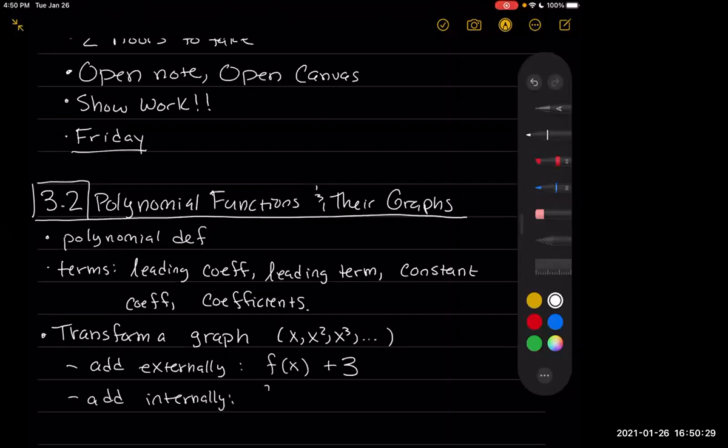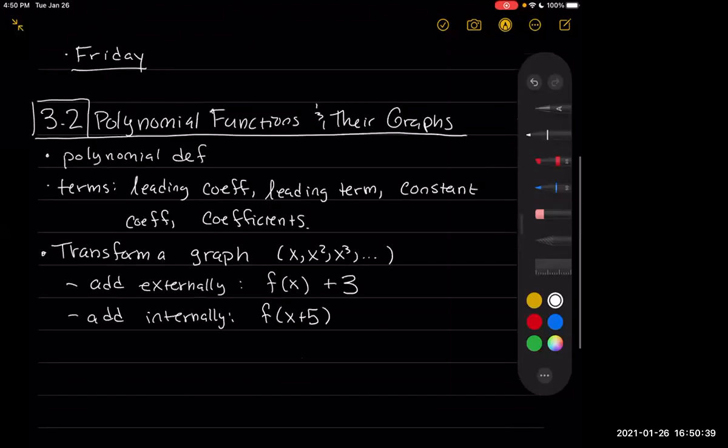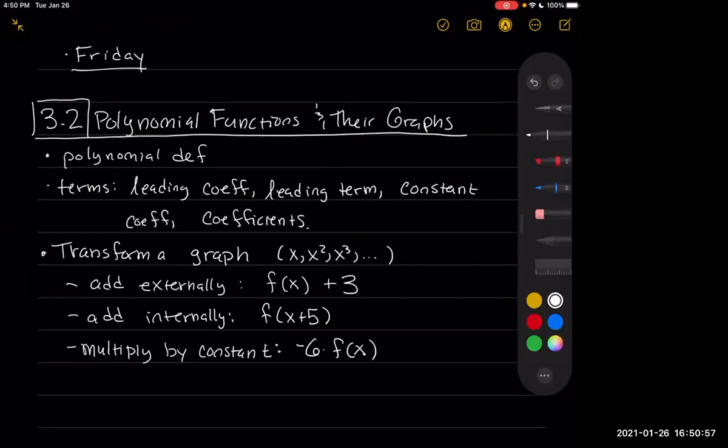So this is when we have a function and we add something on the inside. And we also learned how to scale by a constant. So this is when we have -6 times f of x, where f of x is our polynomial. So that's the ways we learned how to do it.